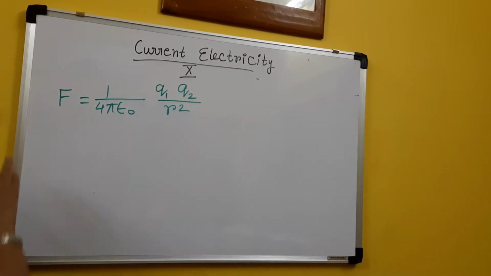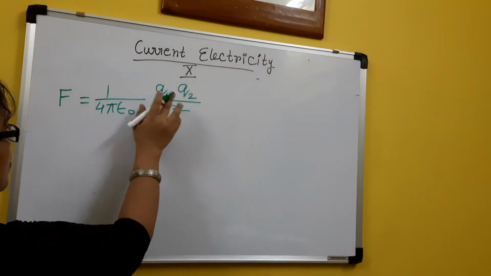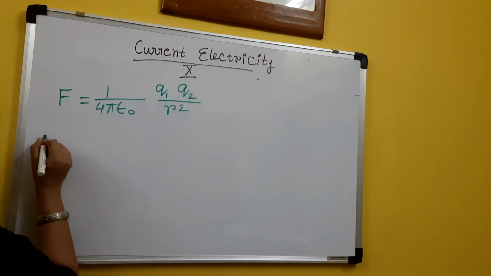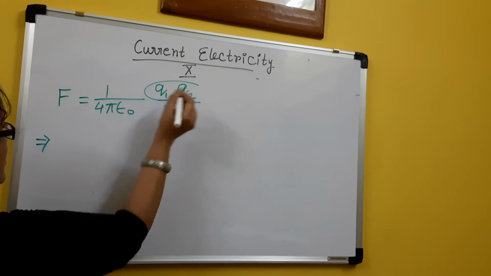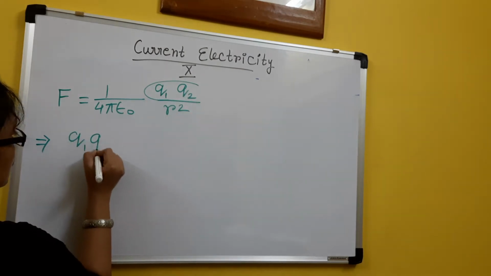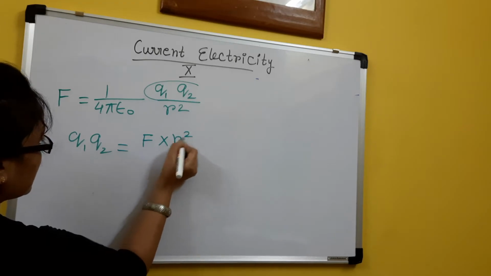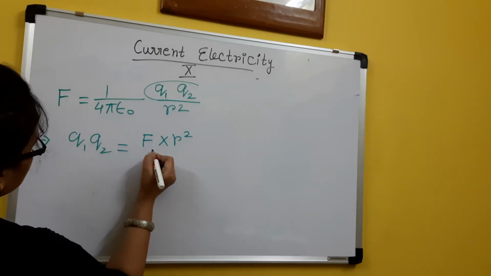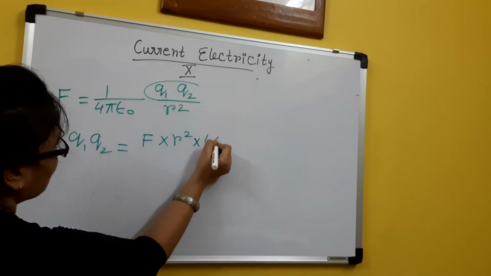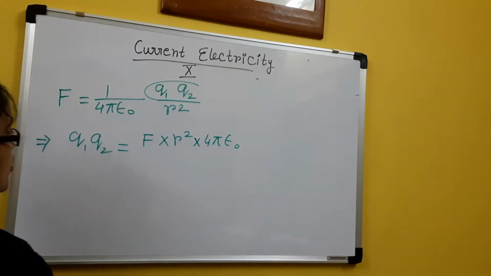Now from this definition, if I want to find what 1 Coulomb is, q1 q2 will be equal to what? F into r square into 4 pi epsilon 0, yes or no?